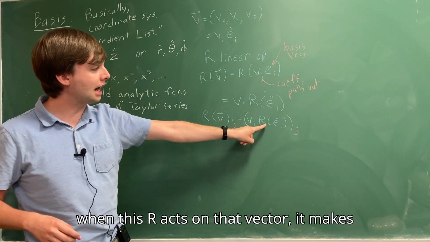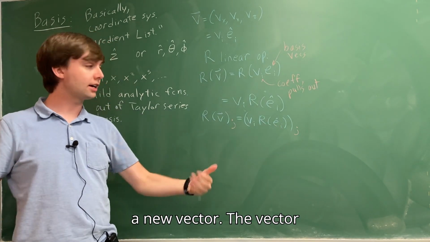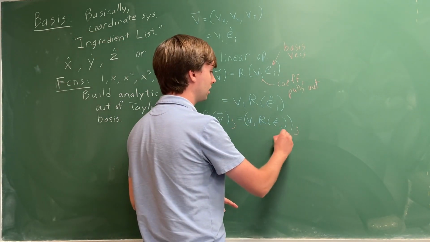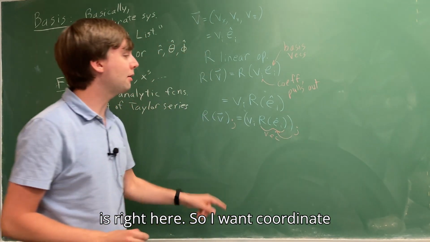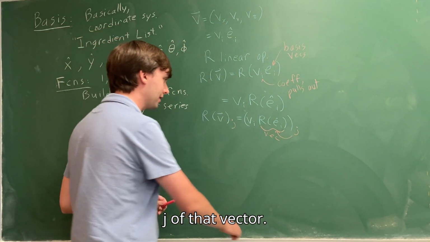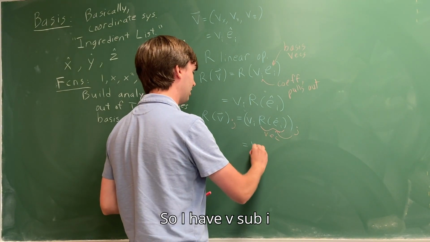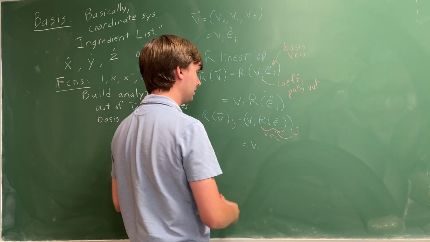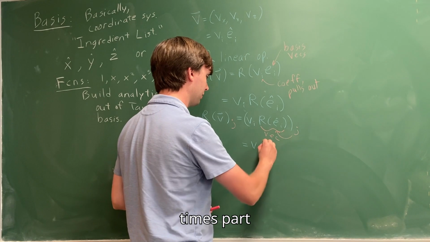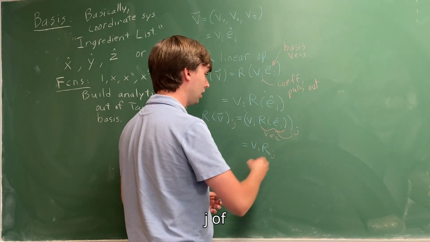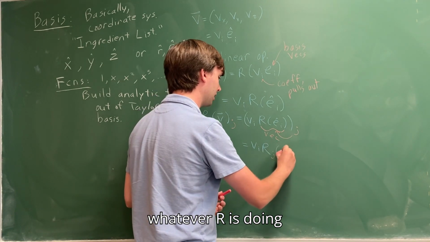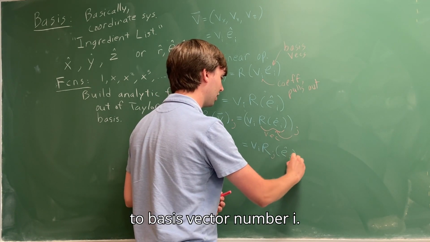So when this R acts on that vector, it makes a new vector. The vector is right here. So I want coordinate j of that vector. So I have v sub i times part j of whatever R is doing to basis vector number i.